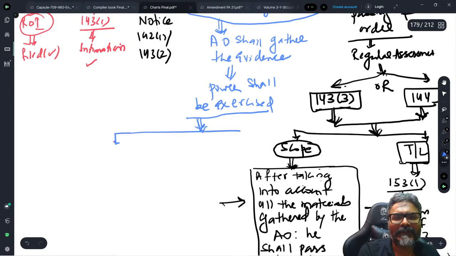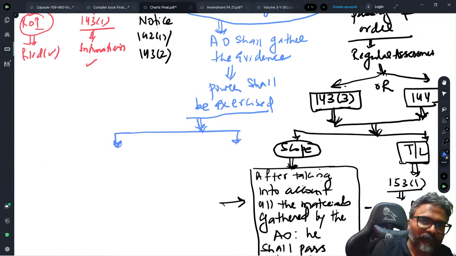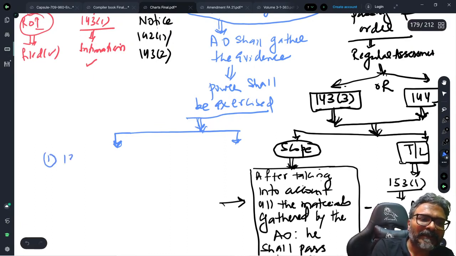Now, if you all will see what are the sections, students, in which the power will be exercised to gather the evidence, I am just creating a sequence for all of you. 133.